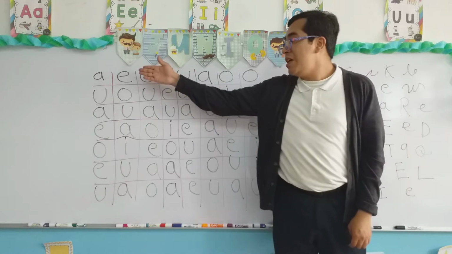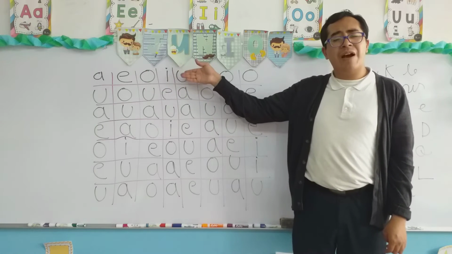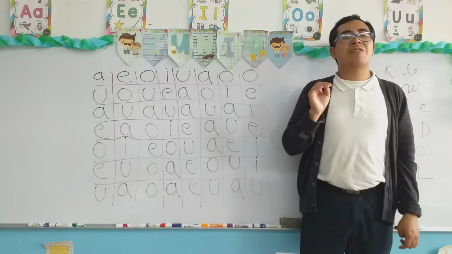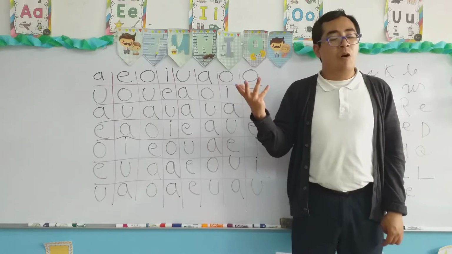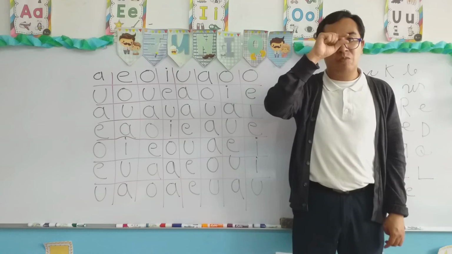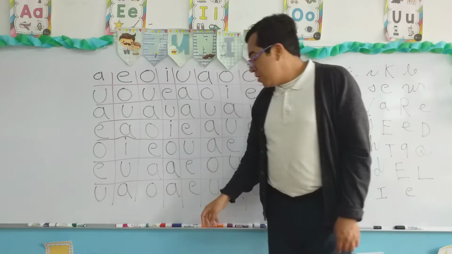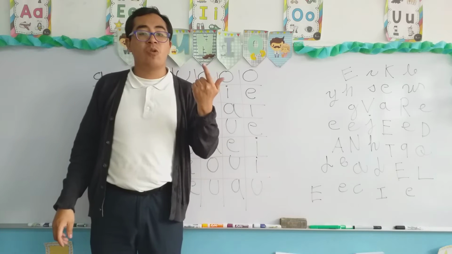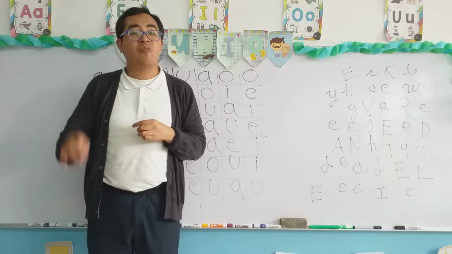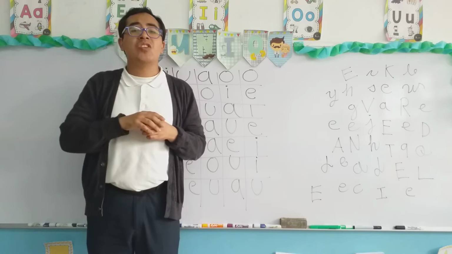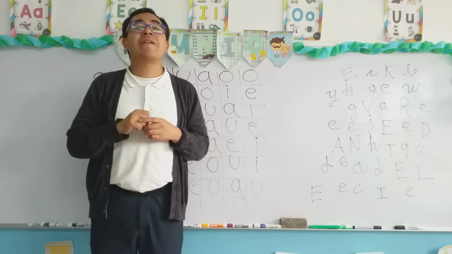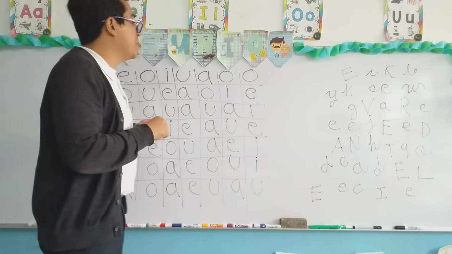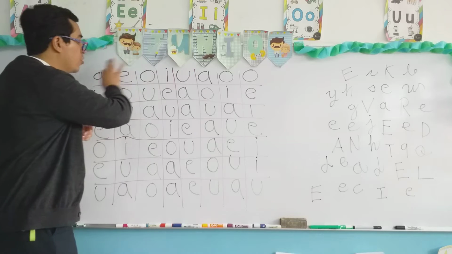We have letter E, letter O, letter I. But the most important letter is letter E, of course, in its small form. So, using your pencil or using different colors, we have to trace with an X all small e's that we can find. Now, let's start working from row to row.